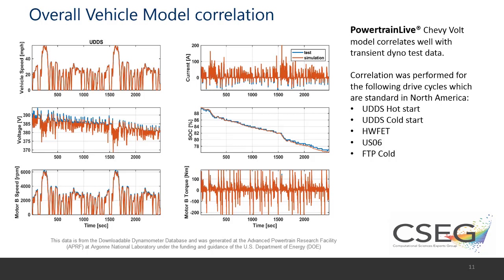And we correlated the vehicle model for multiple drive cycles. So we did it for the UDDS hot start, cold start, the highway drive cycle, US06, and also FTP cold, which is the -7C start for the UDDS drive cycle. And we ensured that the vehicle model worked pretty well across all temperature and acceleration zones.